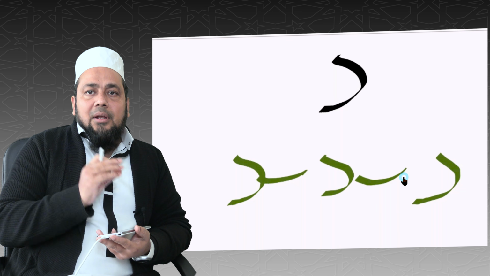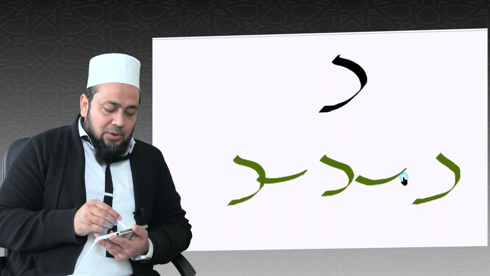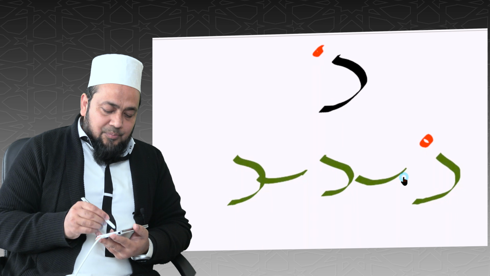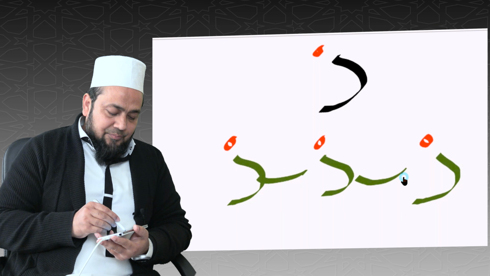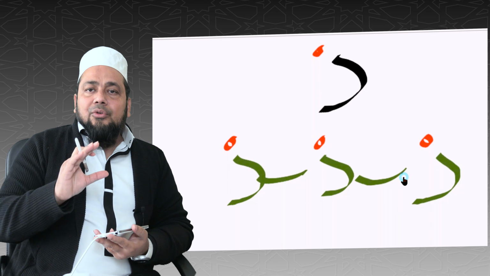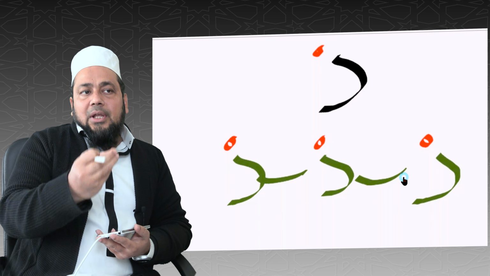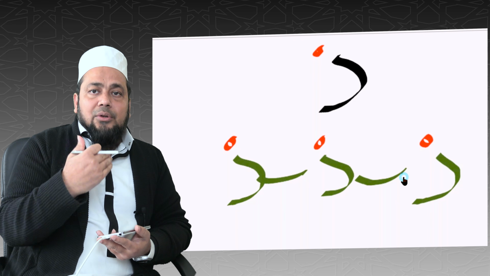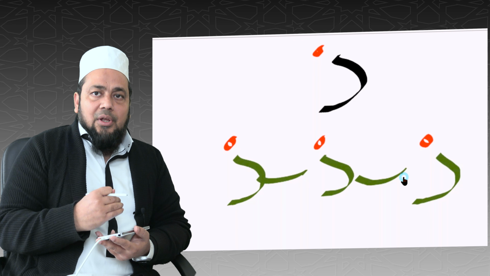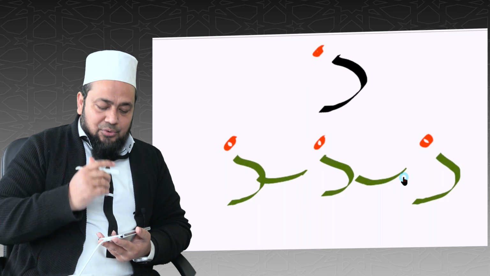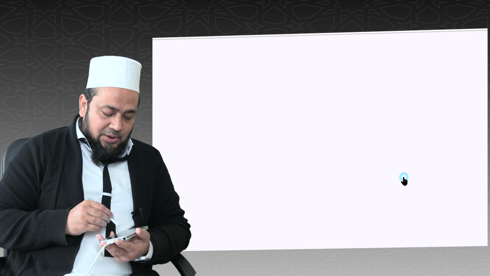Now I will make it Dhal by adding only one dot on the top. So we can see the difference between Dal and Dhal is one dot on the top for Dhal, and for Dal there is no dot. Let's move on to the next letter.